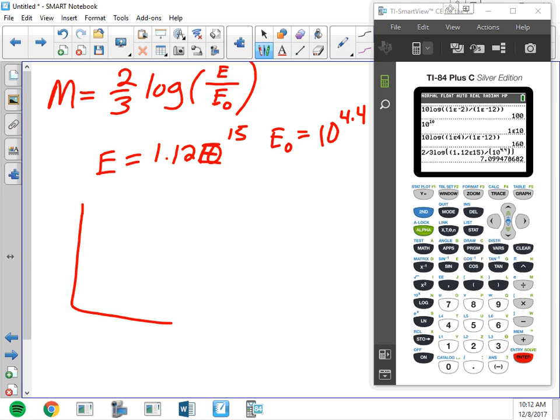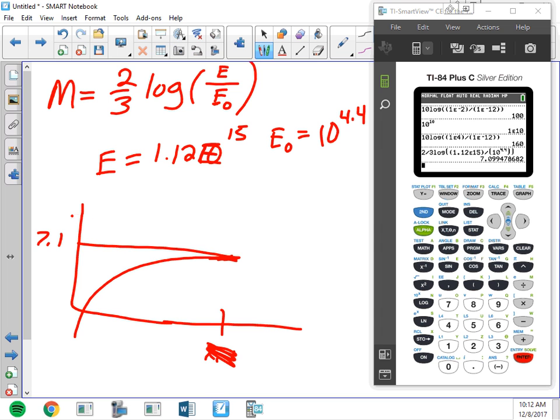You can have a 6 and still the buildings are all fine. So if this is your logarithm scale and this is a 7.1, and I want to bump up to an 8.1, how far out would I have to go? A long ways. This might be the energy required to get to 7.1, but the distance from here to the next one is even longer.